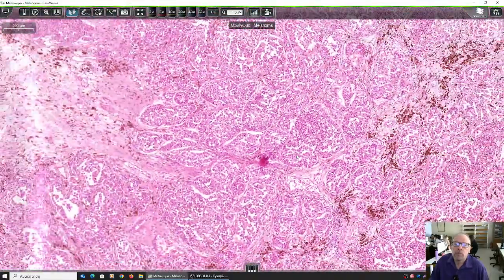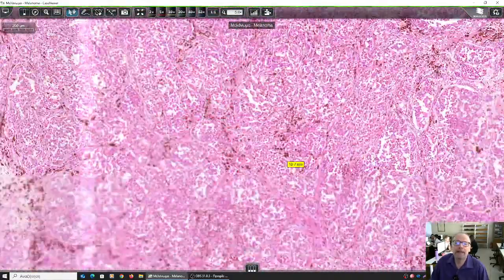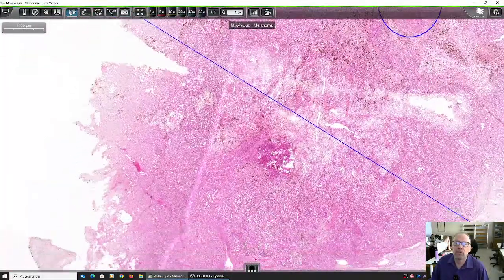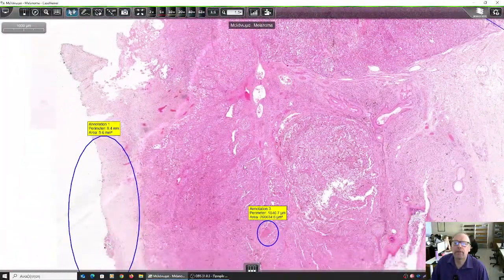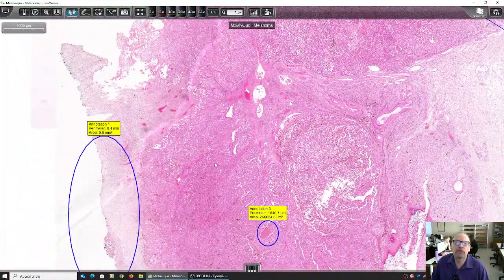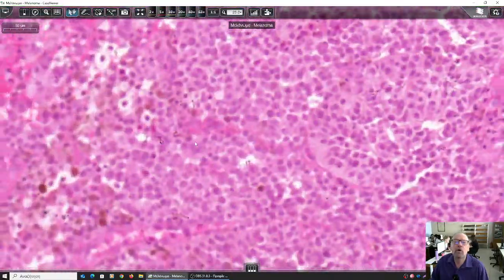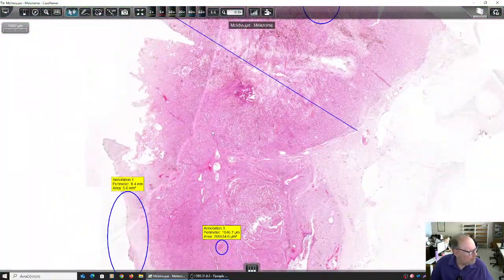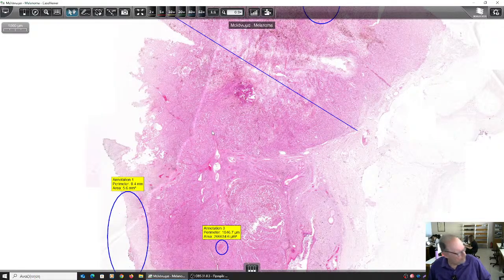So if we want to define and be sure of the derivation of these cells, we can perform immunohistochemistry with melanocytic markers, and then all these cells will be stained. So we'll understand that the markers of melanocytic differentiation are melan-A, MART1, HMB45, and I think also SOX10.